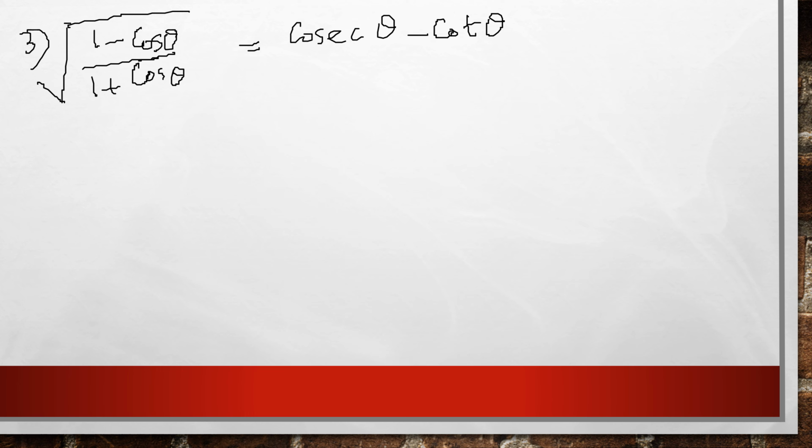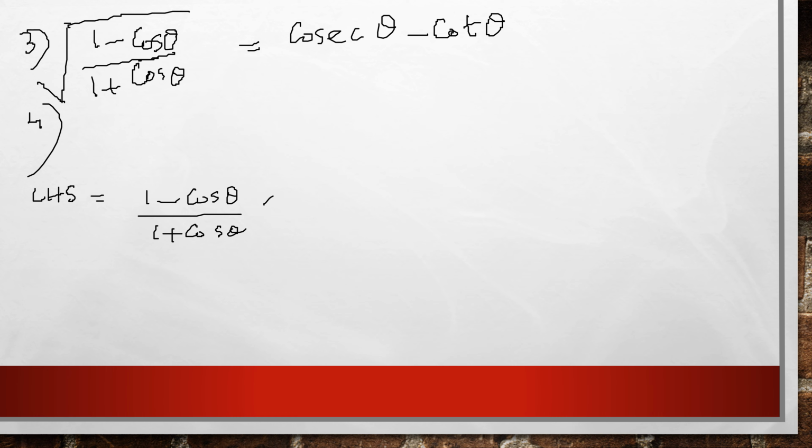So in this question we have root of (1 minus cos theta) by (1 plus cos theta) equal to cosec theta minus cot theta. So if we start with the left hand side, what we can do with this 1 minus cos theta by 1 plus cos theta is multiply by the conjugate of 1 plus cos theta.